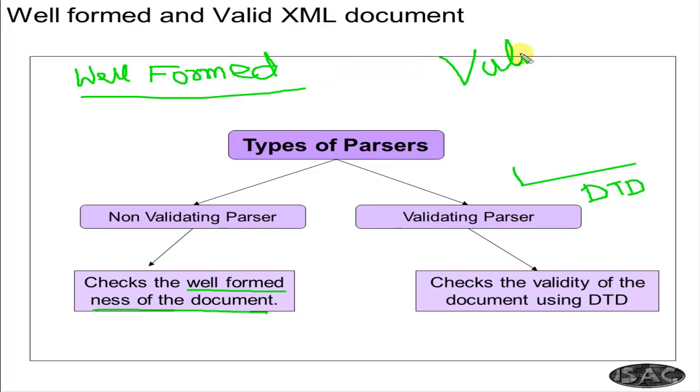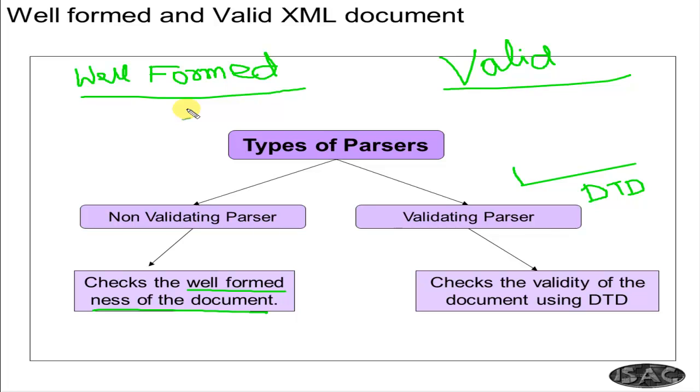Now both are different things, right? Well-formed means the document has proper tags, beginning tags and closing tags, you have not nested them improperly, you are not using a particular character, and we have seen some of the rules of well-formedness.